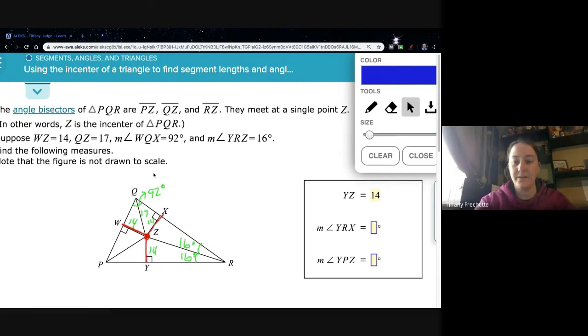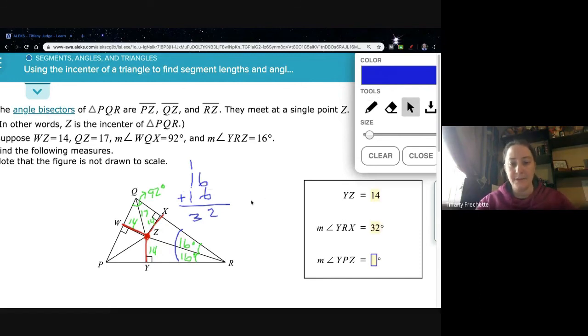So we have, whoops, gotta click my pencil tool. So we have 16 and 16. We just want to add those two together. That way it'll give me this whole angle here. So I have 32. I know this one's 32.